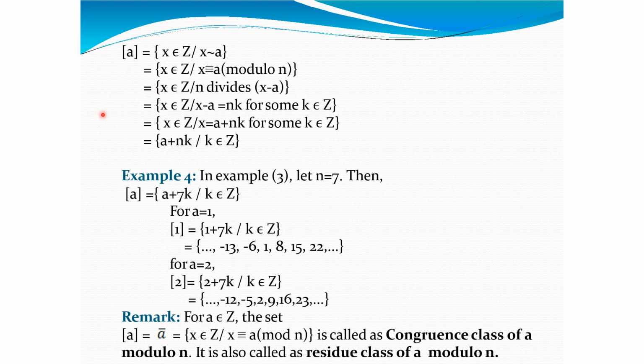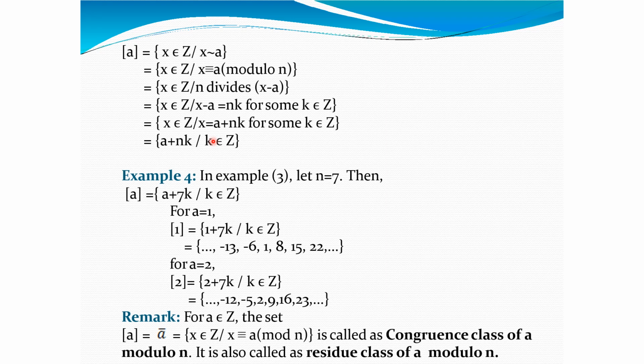It means X in Z such that X minus A is Nk for some K belonging to Z by definition of divisibility. Therefore, the equivalence class of A contains X in Z such that X is A plus Nk for some K in Z. Thus, the equivalence class of A is equal to {A plus Nk, K belonging to Z}. So, this is the general equivalence class of A for any A belonging to Z.